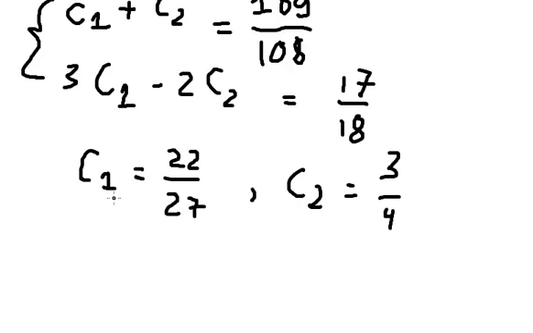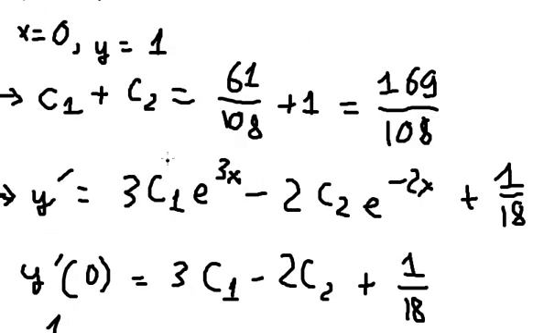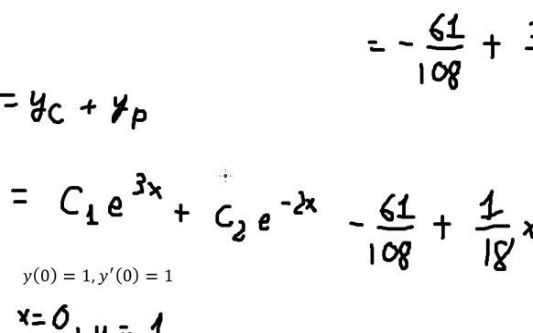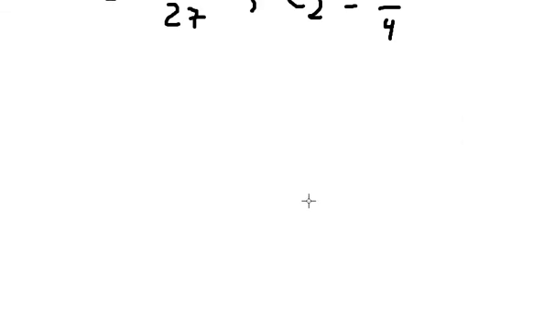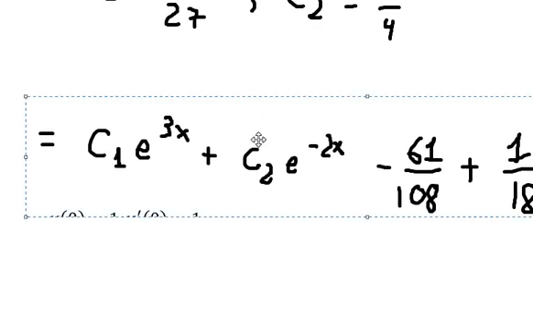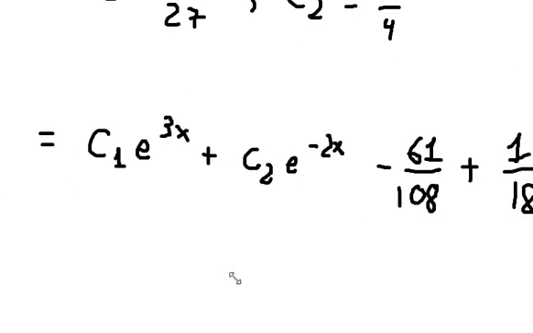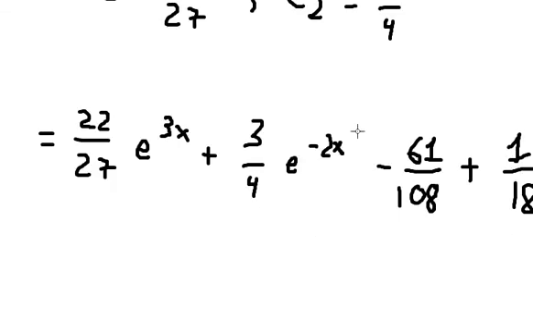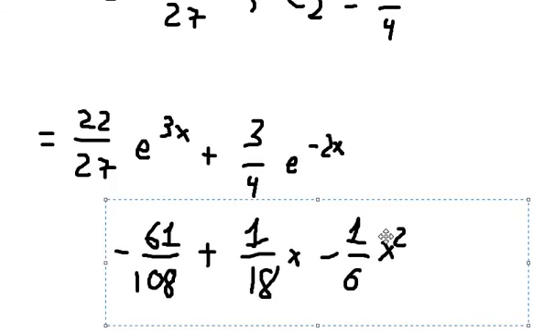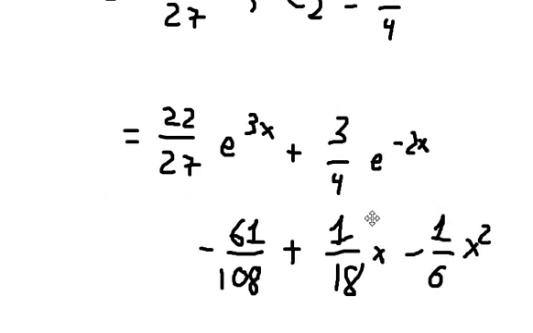And now we put C1 and C2 back into this one in here. And now we have the final answer. And here is the final answer we need to find for y in here.